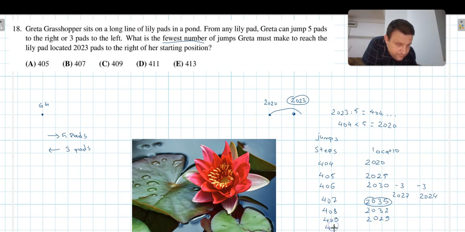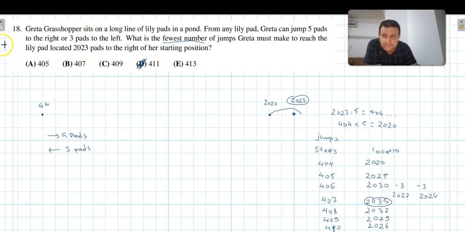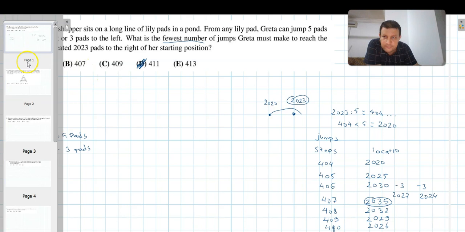Another jump, 410: 2026. And then 411, another jump: 2023. Our answer is how many jumps she needs to make. The answer is 411 jumps.